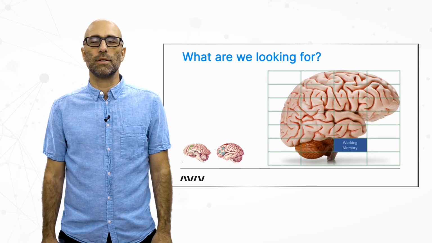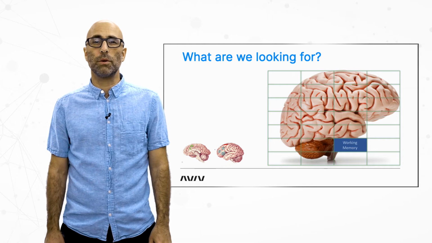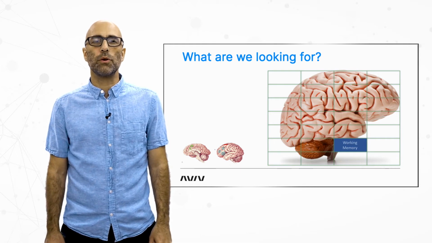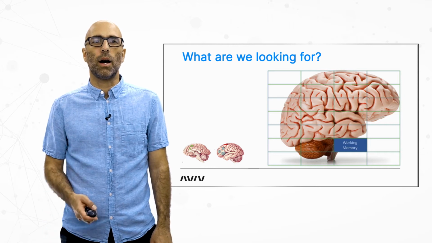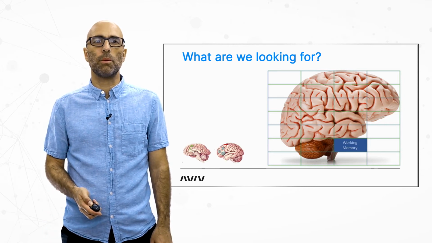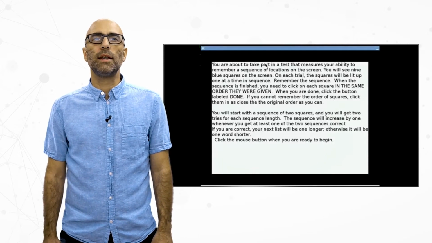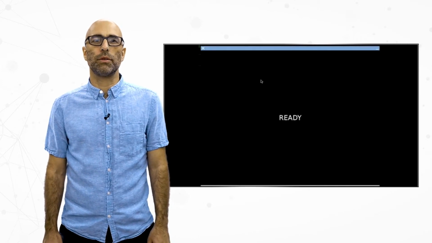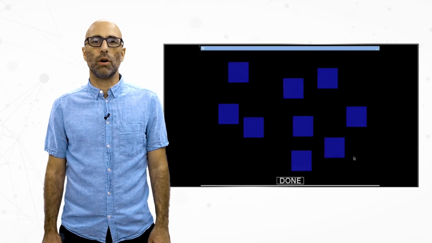Working memory is a cognitive platform where we store information for short periods of time for further processing and manipulation. A way to assess working memory is in this example. We can see here a sequence of blocks lighting up on the screen. The sequence will grow longer and longer.